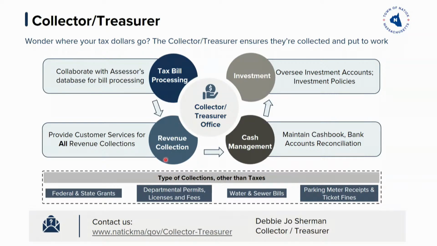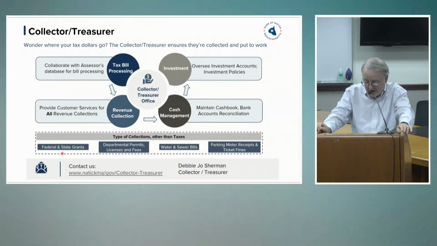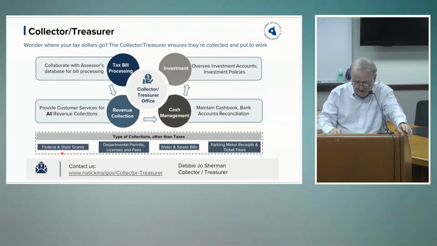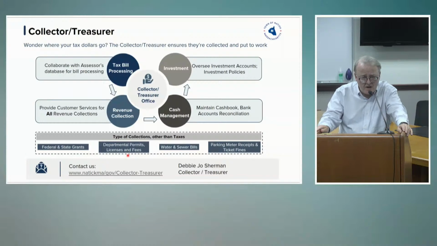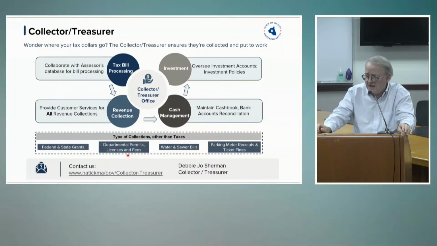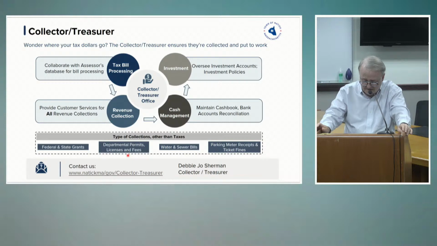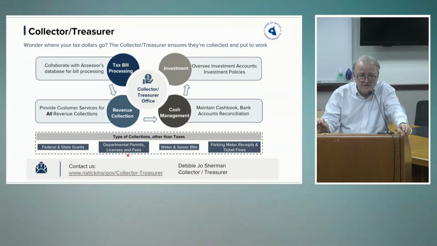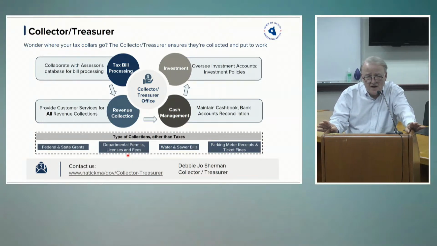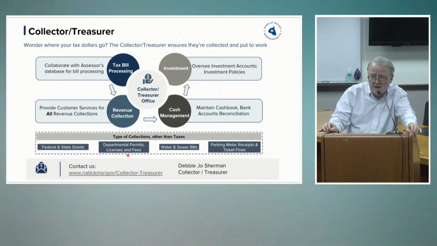First of all, state and federal grants. All money, either reimbursement or direct grants from the federal or state government, comes into the collector treasurer's office. Then departmental permits, licenses, and fees. Various town departments submit those revenues to the collector's office on either a weekly or sometimes even a daily basis with turnovers in order for them to be properly accounted for.